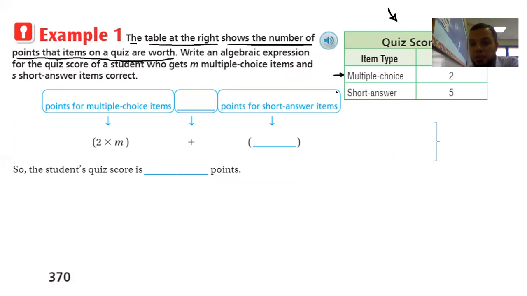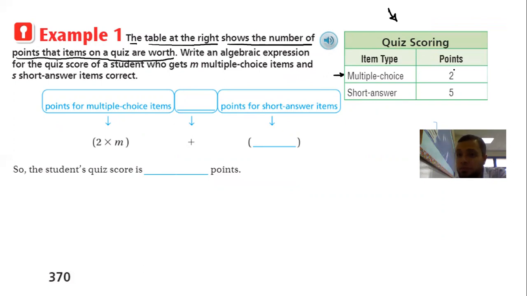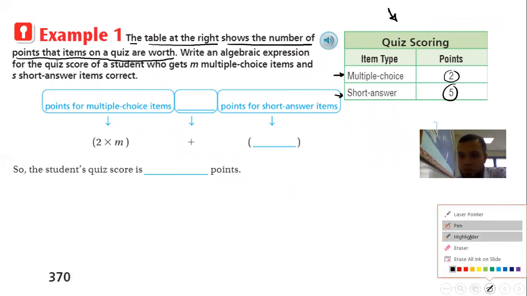This is a multiple choice question. The points for every multiple choice is 2. And this is a short answer question. The points for every short answer question is 5. Okay, we have understood that.